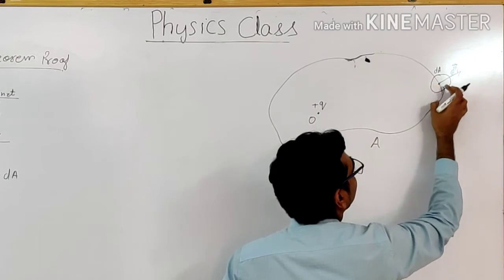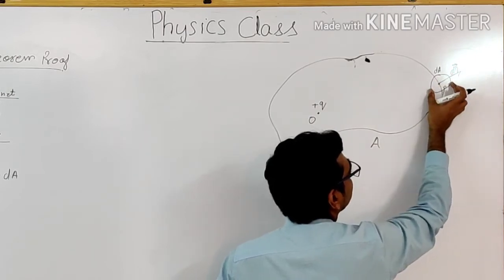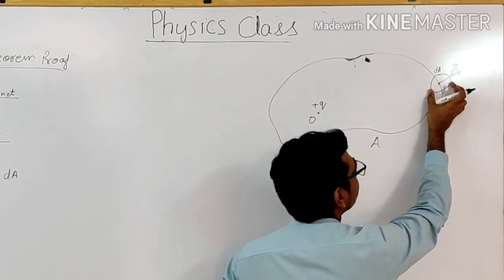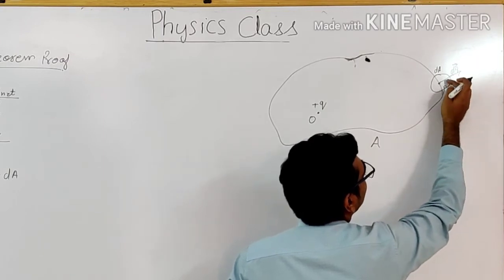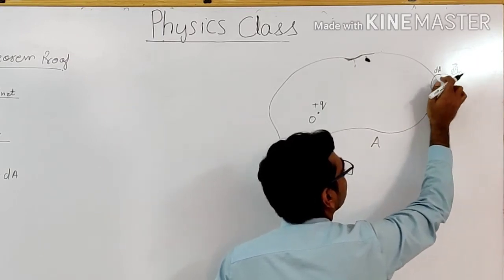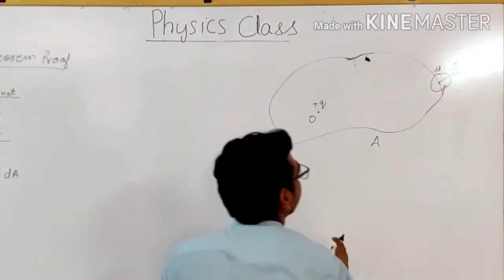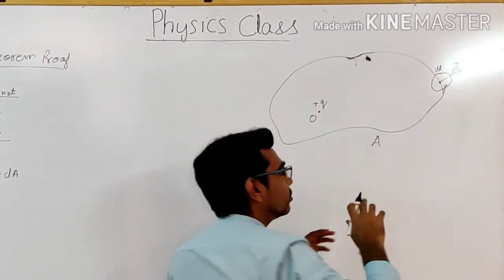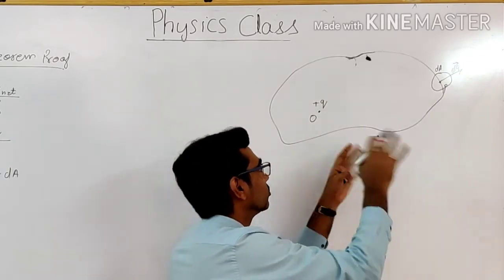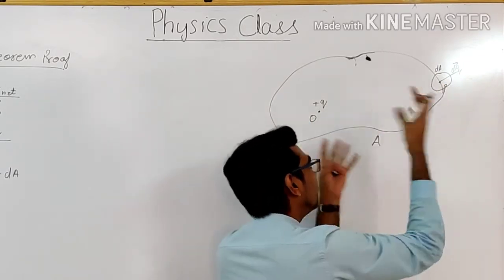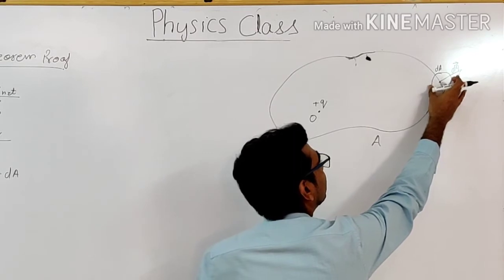The length of this vector is equal to the area of the surface we have chosen, dA, and its direction is perpendicular to this surface. This dA is part of this bigger surface. This line is not a closed line, it is a surface. So from that big surface I have chosen an area dA.